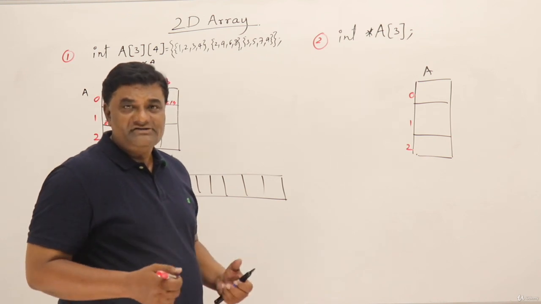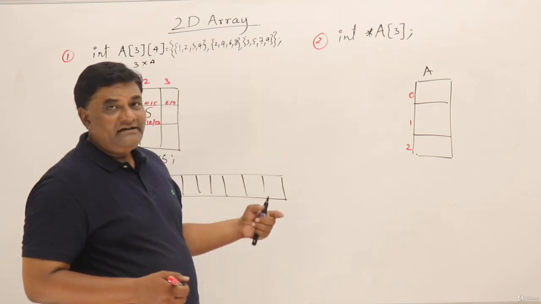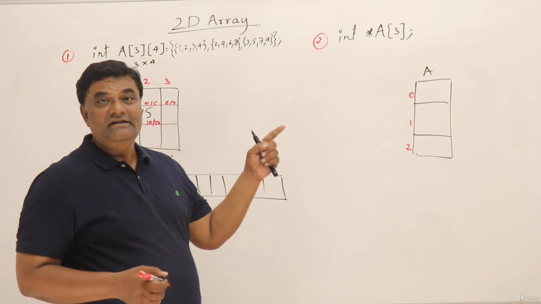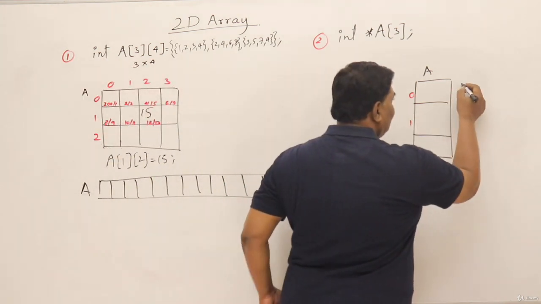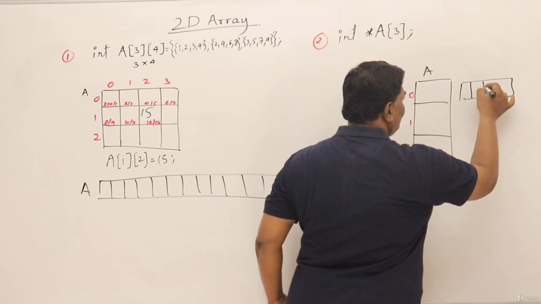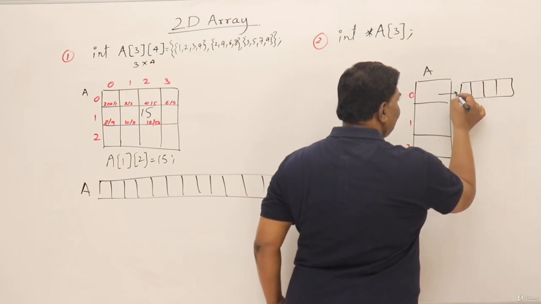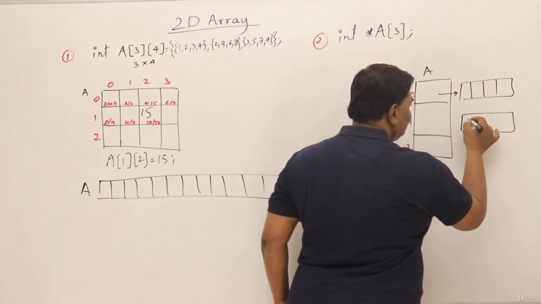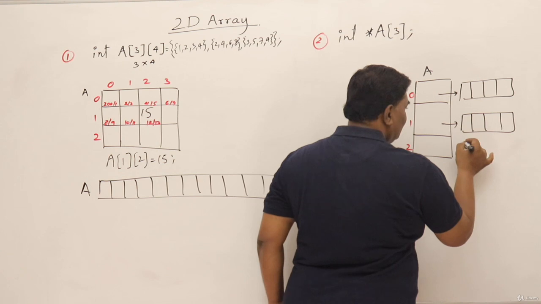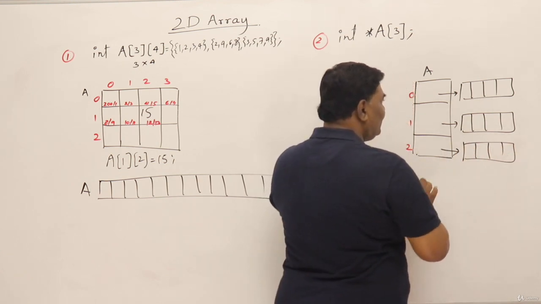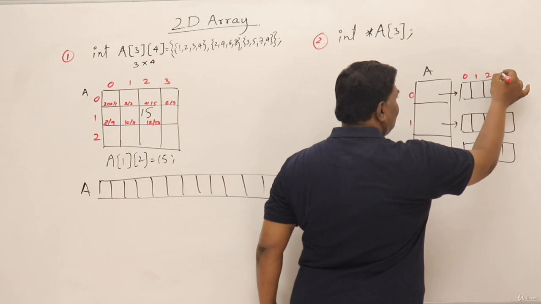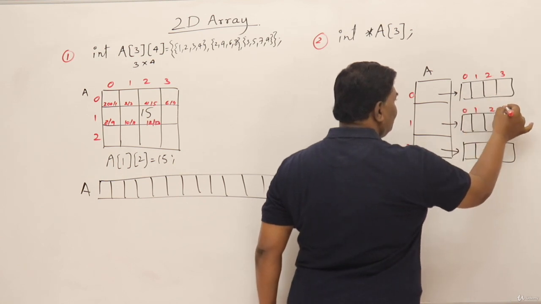Now where is the two-dimensional array? I will create the two-dimensional array in heap. So what do I actually want? I want an array of size 4 so that this pointer is pointing there. Then again an array of size 4. Now again an array of size 4. So I should have 3 arrays of size 4 created in heap.